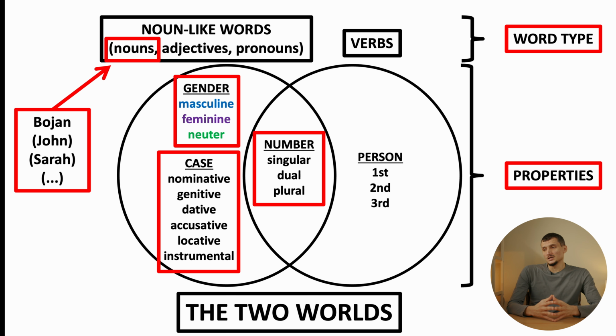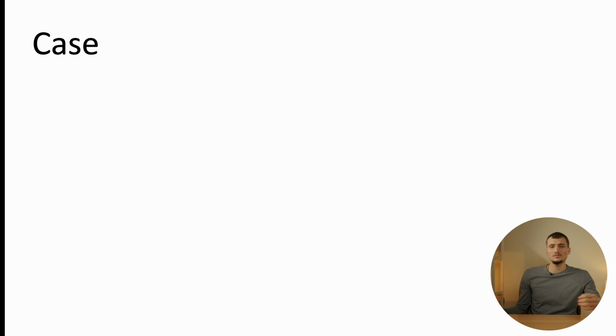Cases are basically different versions of the same word, much like he is a different version of him in English. That's the shortest explanation. Case is a different version of the same noun-like word. Now we know what noun-like word means, much like him is a different version of he. And so let's have a look at case before we can say what case the word Bojan is in.